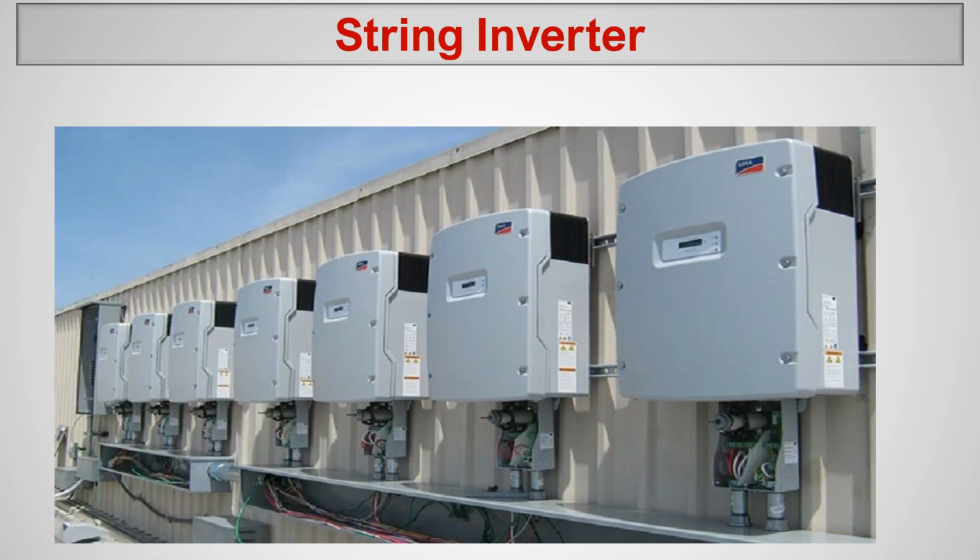If you go to a large project site like a 500 kilowatt or 1 megawatt system, you can see the string inverters installed like this. When you are doing a household or rooftop installation of about 3 or 5 kilowatt, you need not think about string inverters, because for a 1 or 2 kilowatt system we will have only one string.